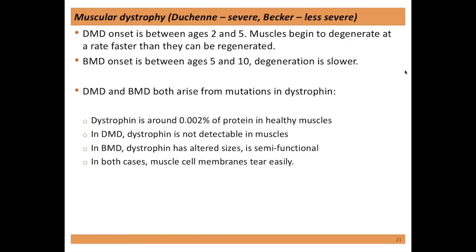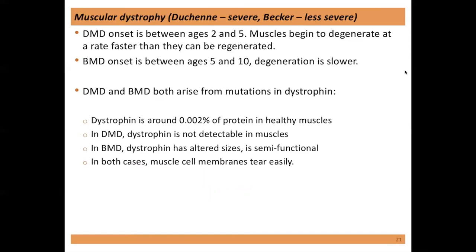Essentially, as the muscles contract, you're shredding your muscle cells, and you just can't build them up as much. Becker's is less severe, with onset between ages 5 and 10, and its effects occur slower. They both arise because of mutations in the dystrophin protein.